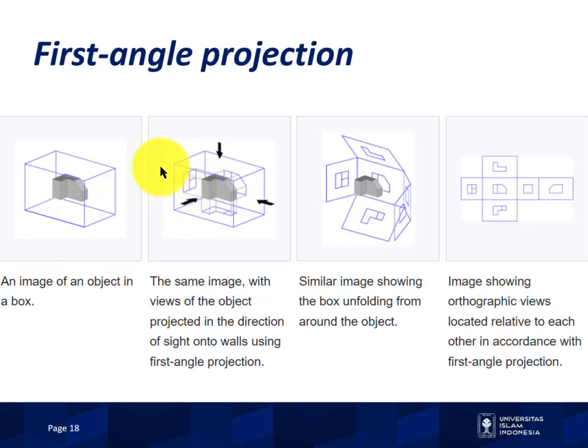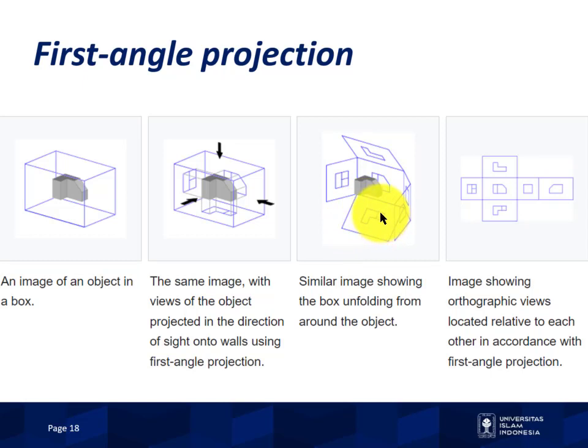So we have this view if our position is here and we look at the object. We have this view if our position is at the bottom of the object. We have this view if we stand at the back of the object. And then a similar image showing the box unfolding from around the object. If we look from the top, we see the object like this. If we look from the bottom, we see the object like this.